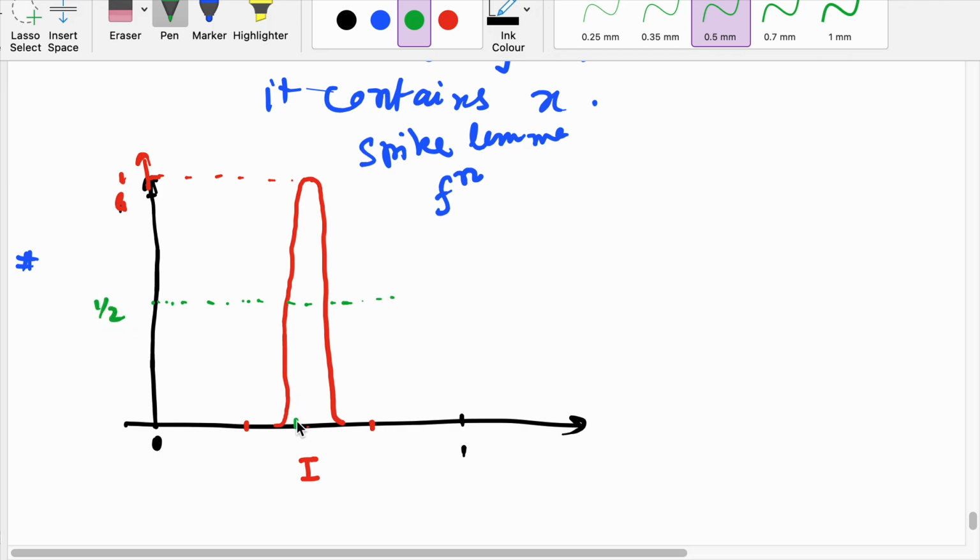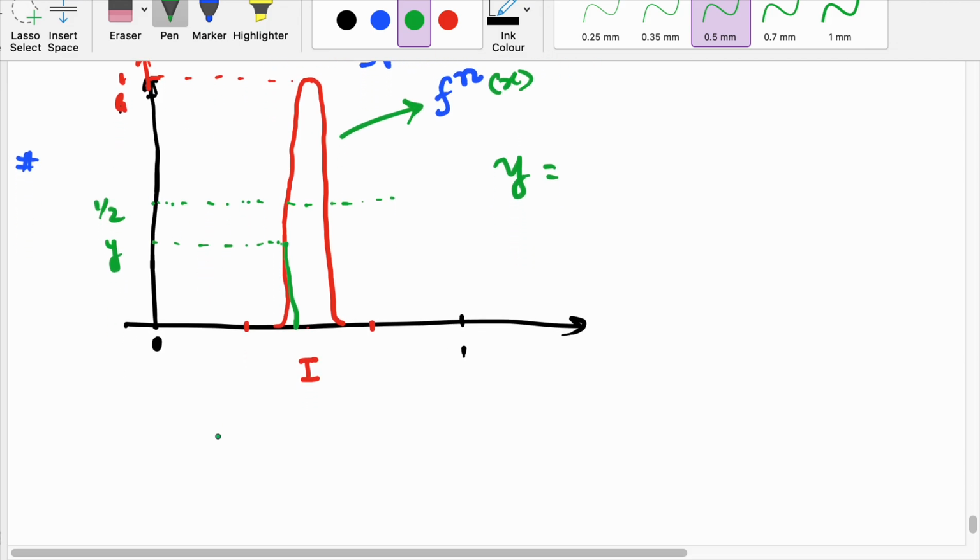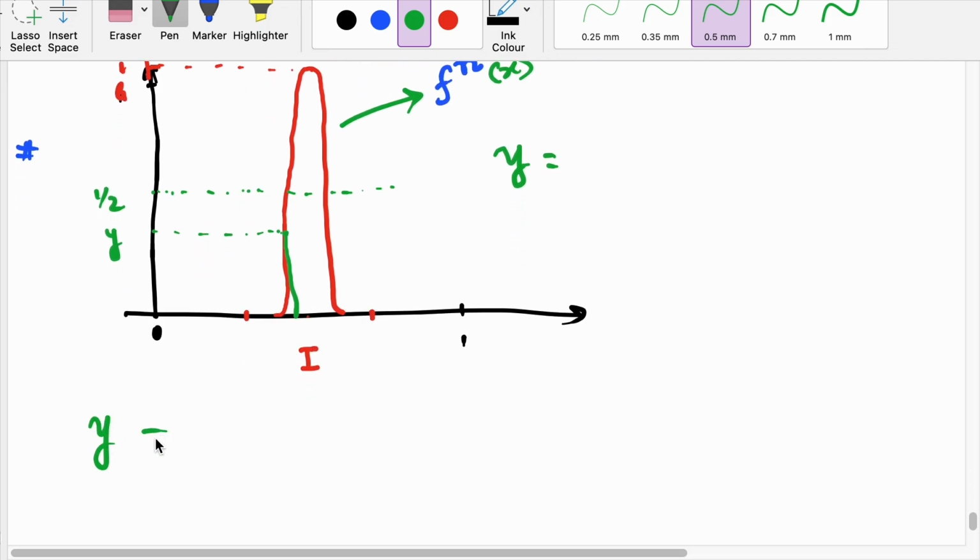Suppose x cuts at some point y, and since this is the curve of f^n(x), y equals f^n(x). Now two cases are possible.